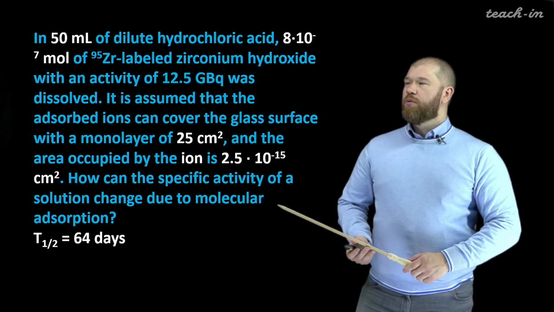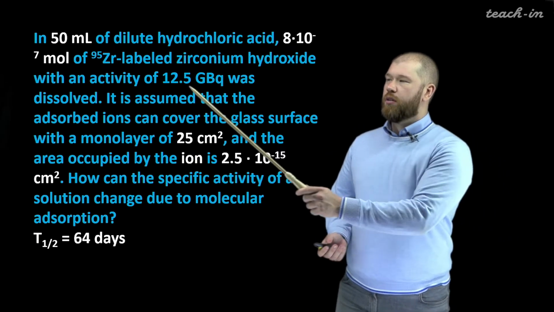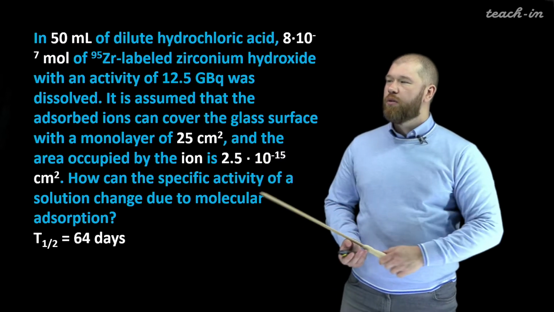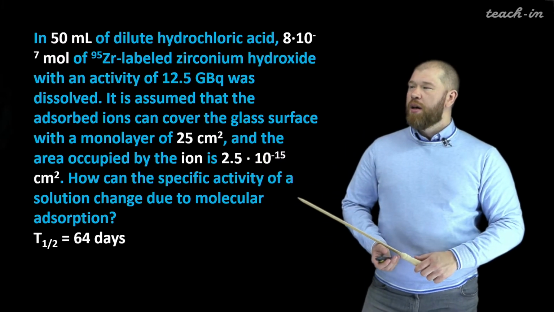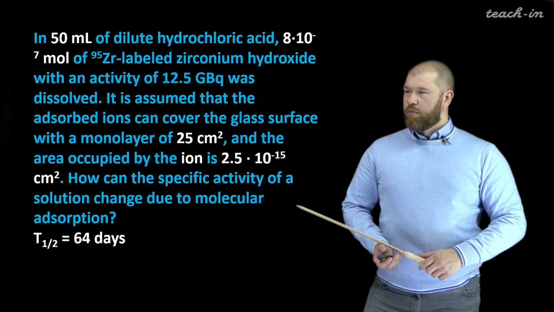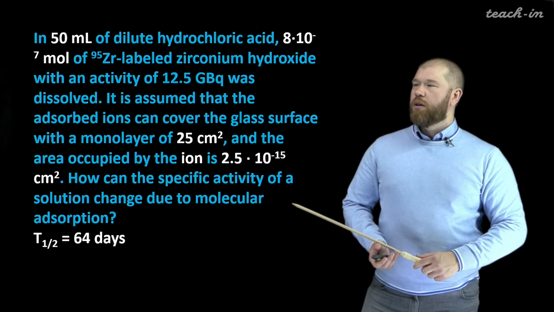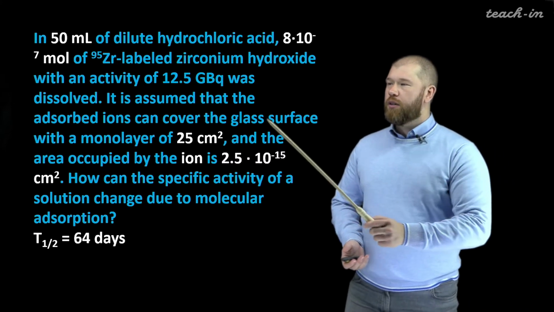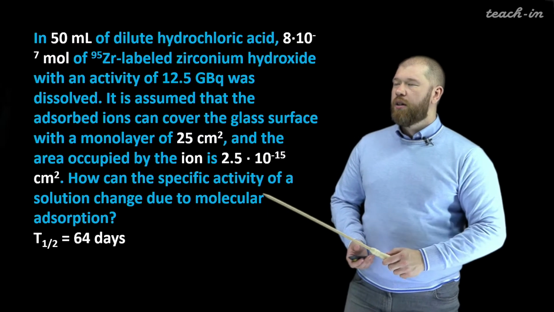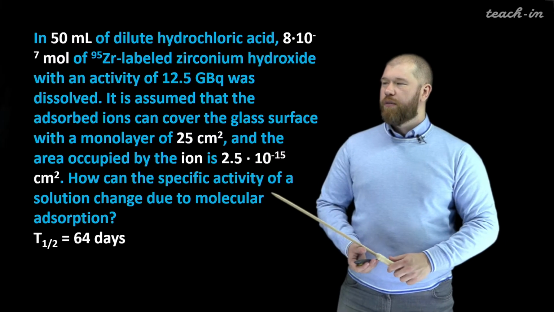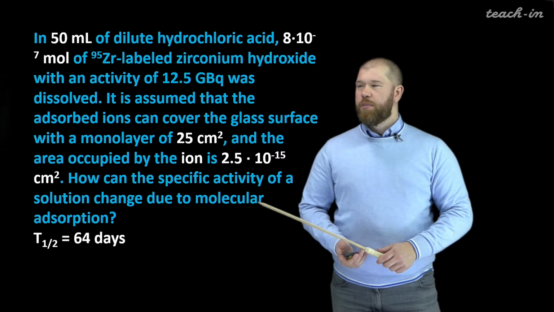The activity of this zirconium-95 is 12.5 gigabecquerels. And we know the surface area of the glass of this vessel is equal to 25 square centimeters.